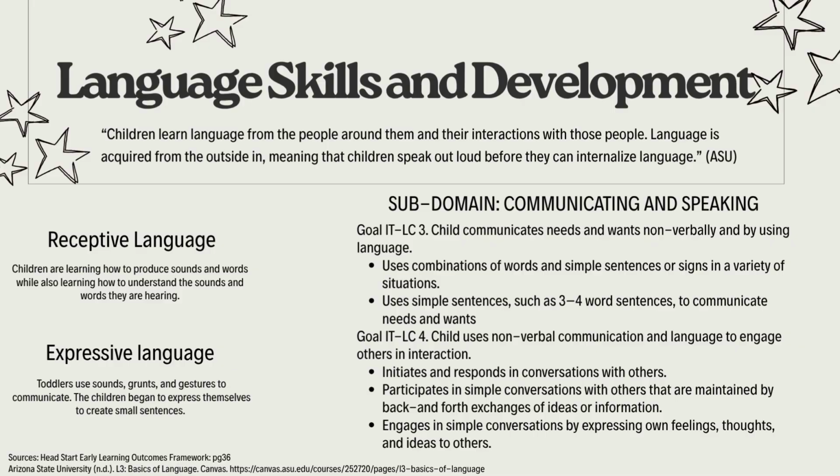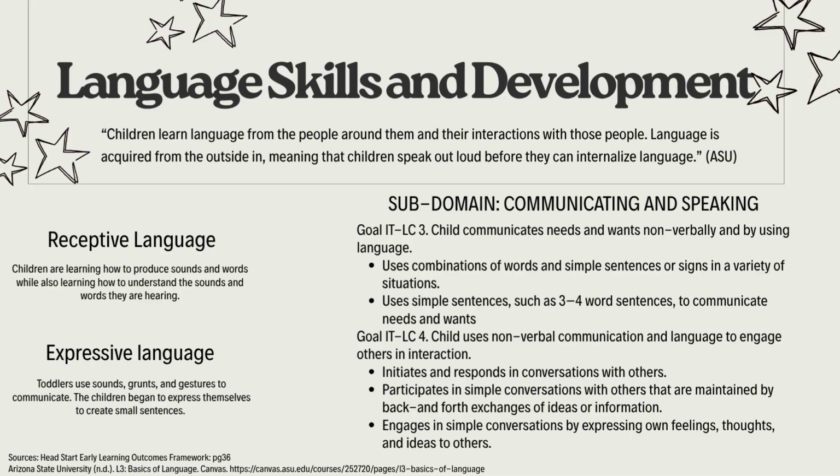The subdomains for this age group are communicating and speaking. Goal 3: the child communicates needs and wants nonverbally and by using language, using combinations of sounds and simple sentences or signs in a variety of situations, using simple sentences such as 3 to 4 word sentences to communicate needs and wants.